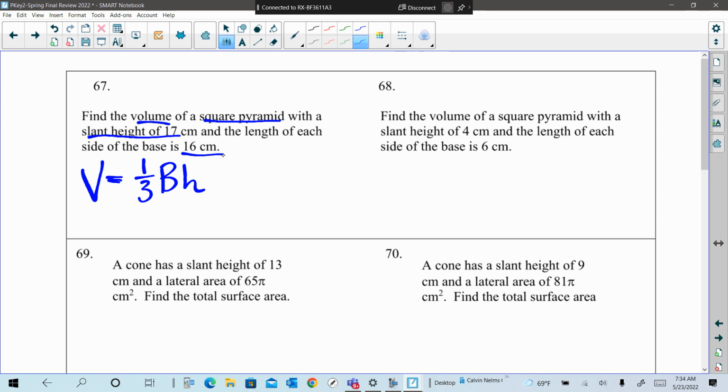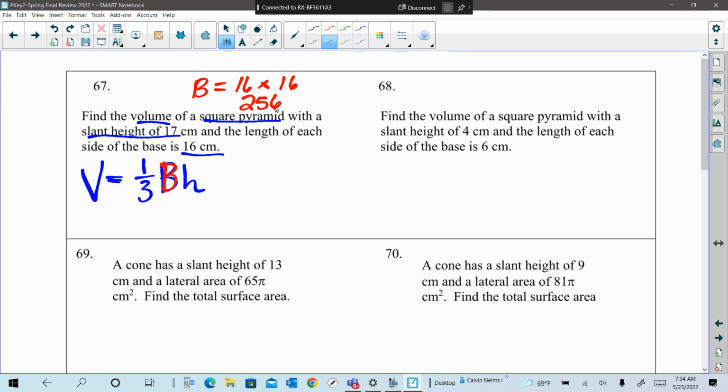So the capital B, because it's a square, is 16 by 16, which is, I think, 256.